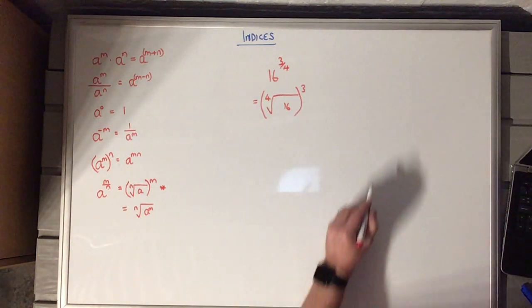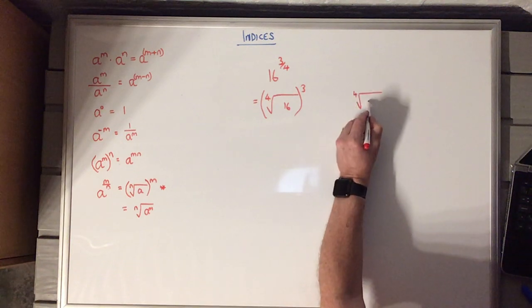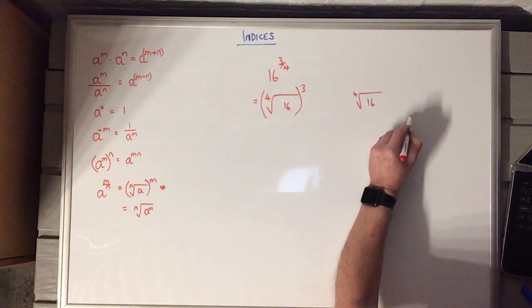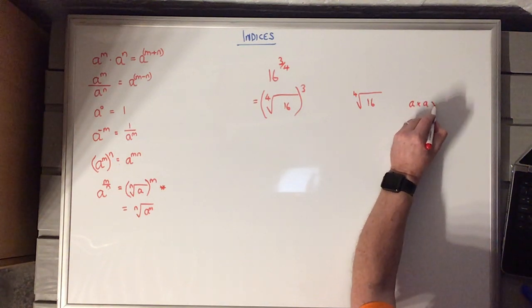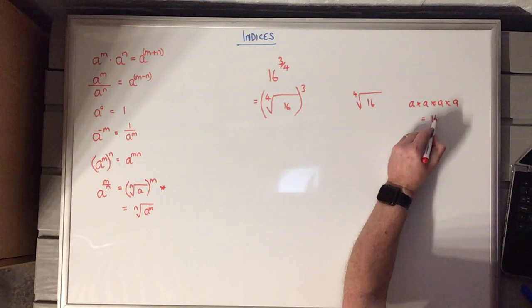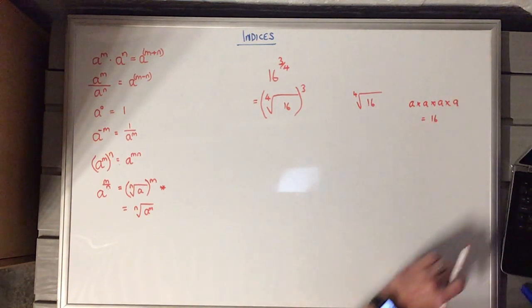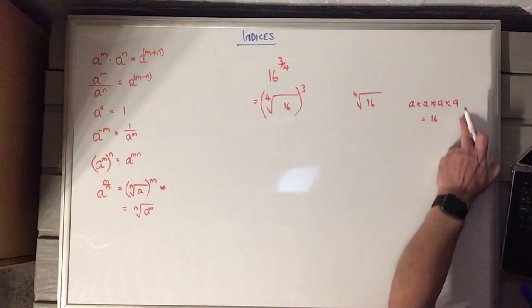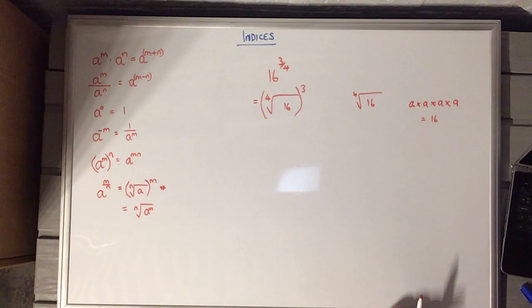So remember what the 4th root is of 16. Well, that's going to be a times a times a times a, and all that must be equal to 16. So what number times itself 4 times gives me 16? Well, you just think about it, it should be 2. 2 times 2 is 4, times another 2 is 8, times another 2 is 16.